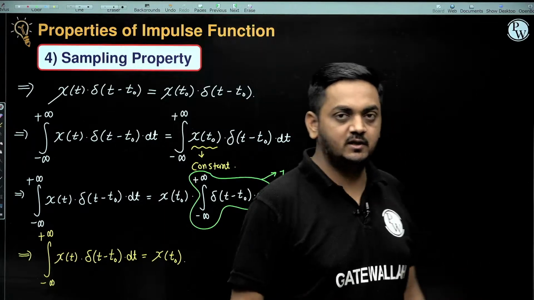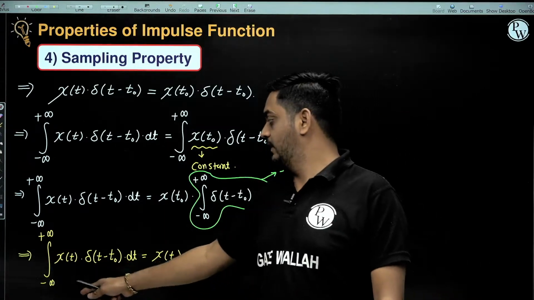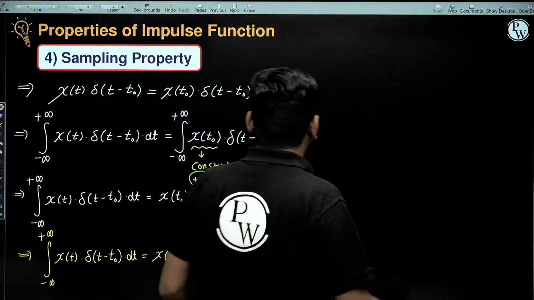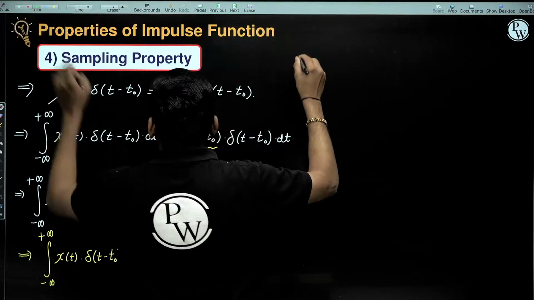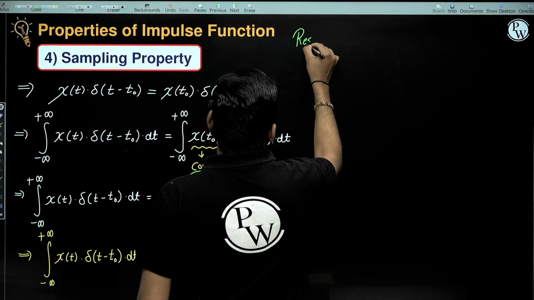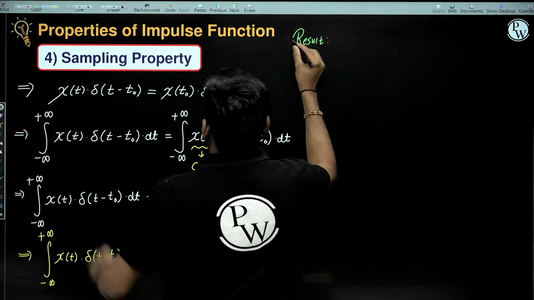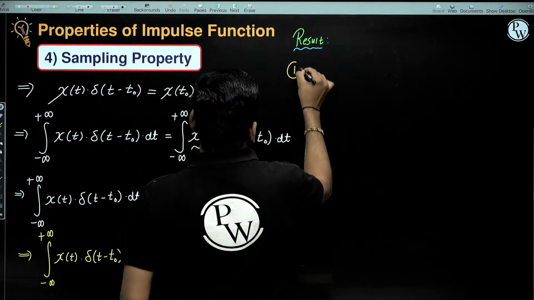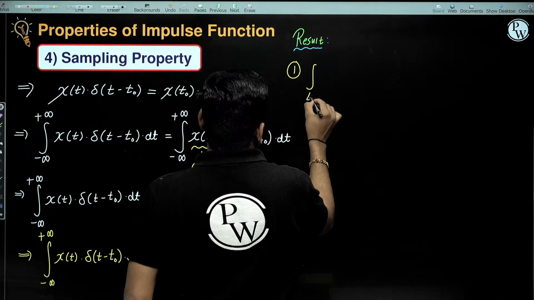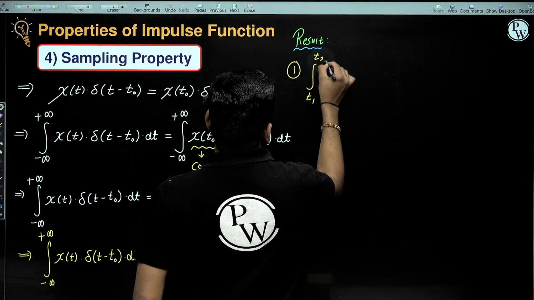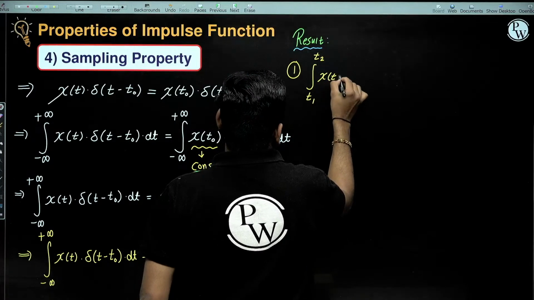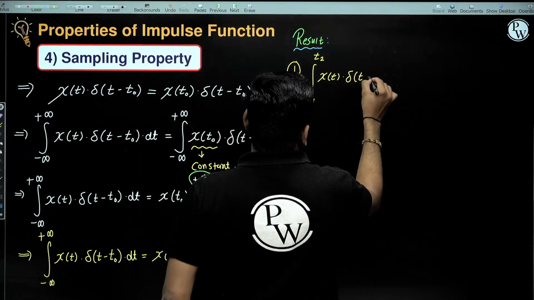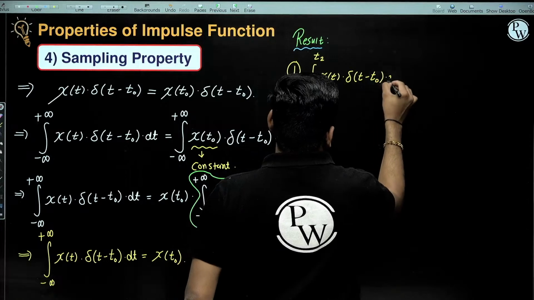Now an important result: here the integration limit is minus infinity to plus infinity, but suppose we have a finite integration from T1 to T2 of x of t into del t minus t naught dt.